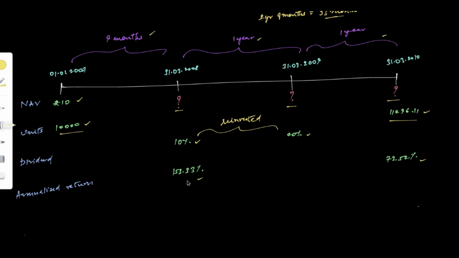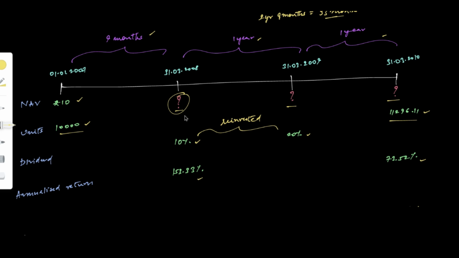Annualized return is nothing but closing NAV minus opening NAV plus distributions per unit, divided by opening NAV, into 12 by holding period. Here we have to find the closing NAV, and we have the opening NAV, and distributions per unit, that is 10% of face value 10, so 10% of 10 is rupees 1 per unit. The holding period is 9 months, so it is 12 by 9. With this, we can find the NAV as on 31/3/2008.